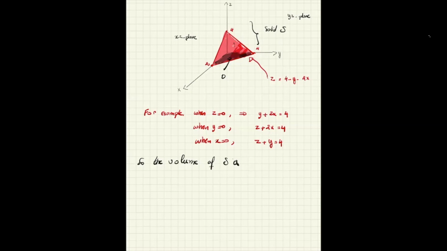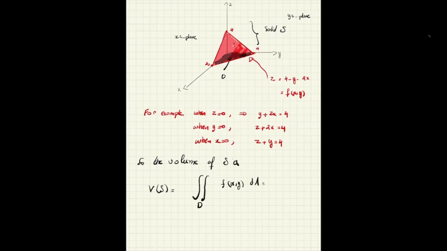The volume is given by volume of S is equal to the double integral of z, right? Z is equal to f of x, y. Let's make sure that we all understand what we're doing. We call it z. So it's z dA over the region D, okay?